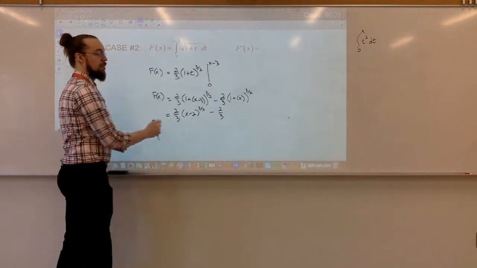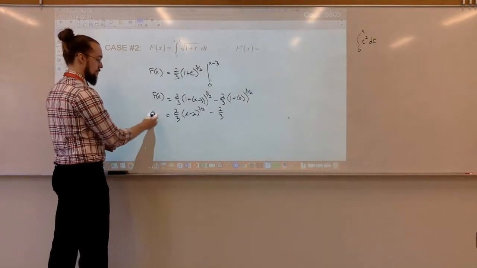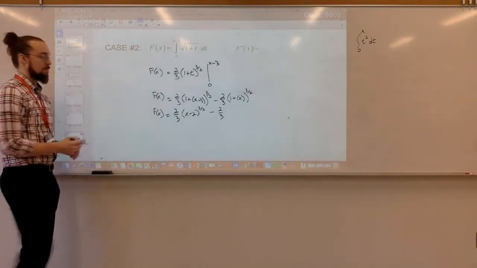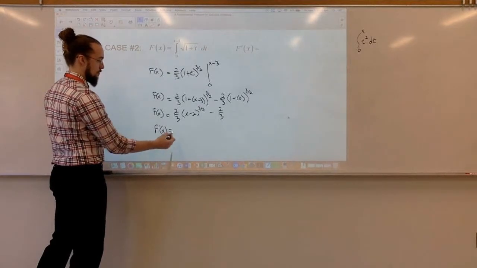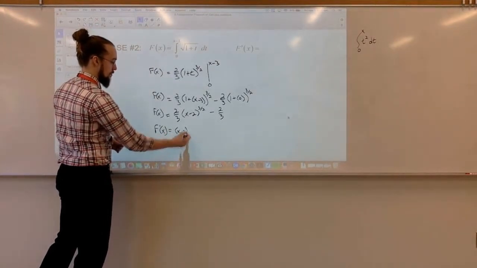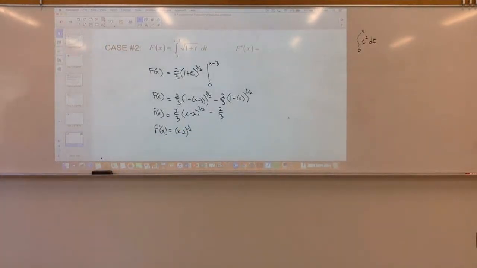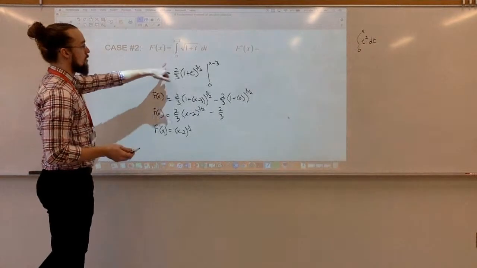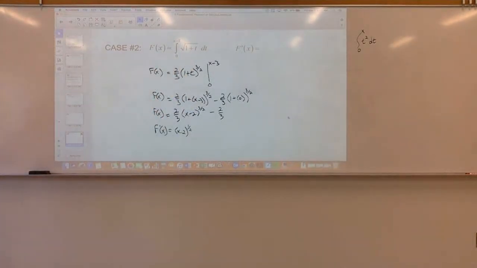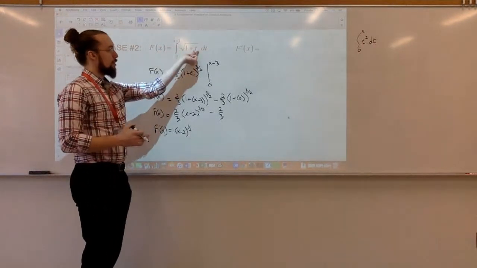So I plug in x minus 3. So in this case, again, we kind of get what we would expect, because all I did was plug x minus 3 into this function.